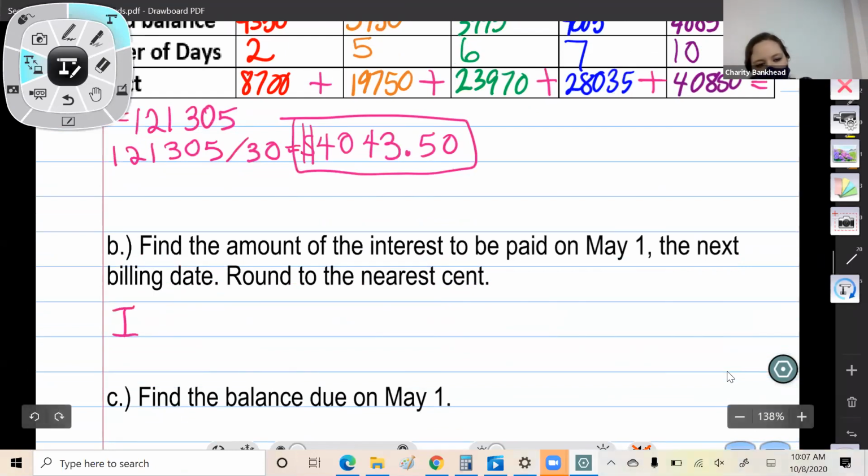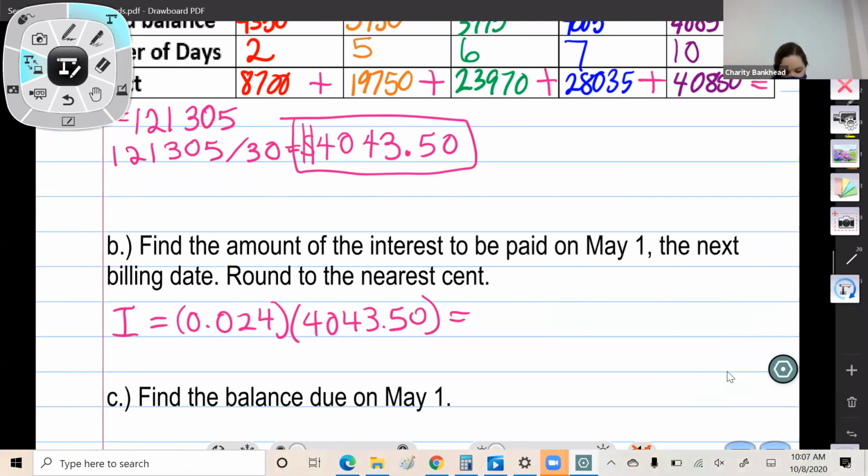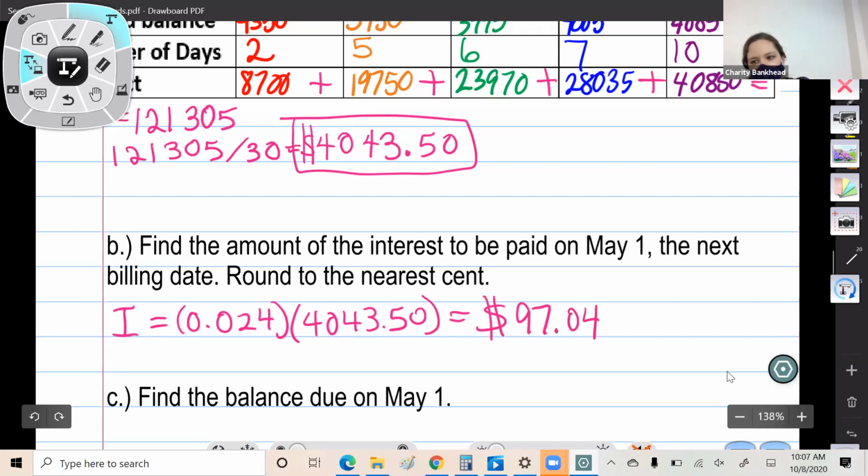And so we're just going to multiply that by 0.024. So $97.04.